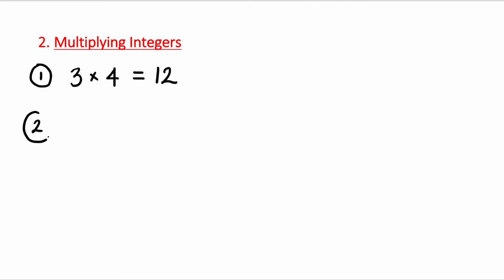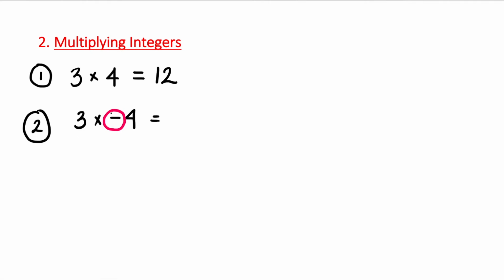Let's look at 3 times negative 4. Okay, I have a negative here. Agree? So as I said, I'm starting in the positives. 3 times negative 4. The magnitude of this multiplication, so the value, is going to be 12, the same as always.